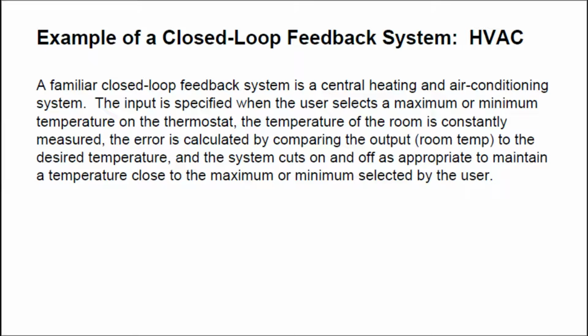Alright, now let's talk about an example of a closed loop feedback system with which we're all very familiar. Before we do that, it'll make more sense if we talk about a system that is not a closed loop feedback system, and that is the open loop control system. Notice I didn't say open loop feedback system, because in the open loop control system there is no feedback.